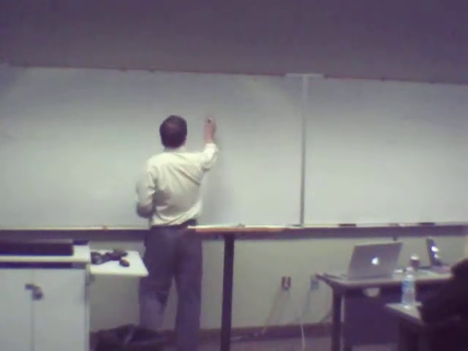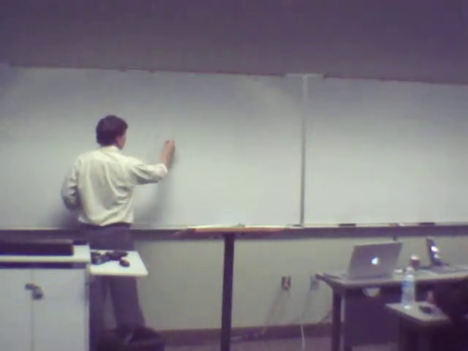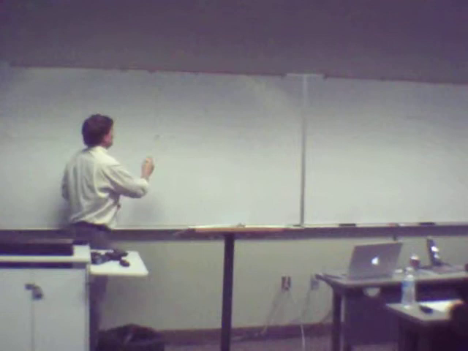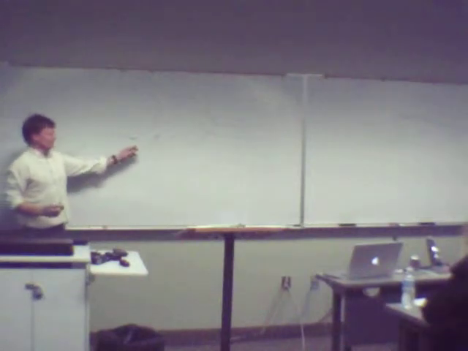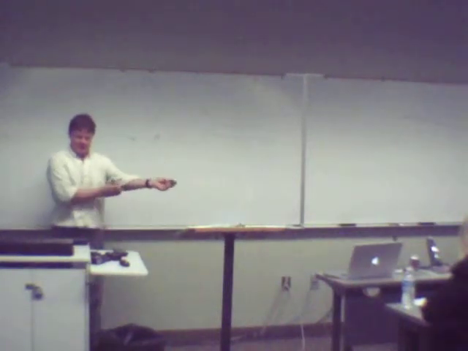So here's my cell body, let's say. Here's a few dendrites. This is my presynaptic neuron, and I want to cause the next neuron to fire, right? My job is to cause the next one to fire.